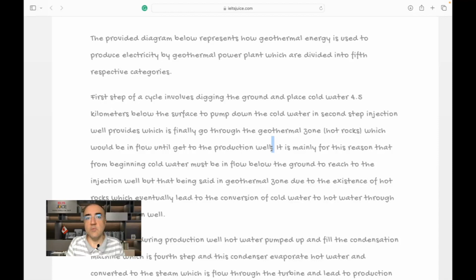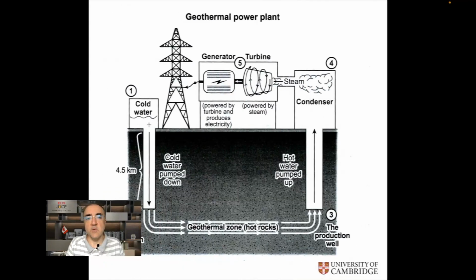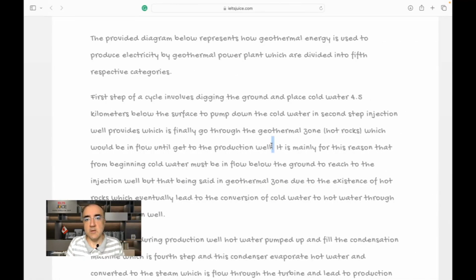I just read one sentence, and in one sentence we went from number 1 to number 2 to number 3. In one sentence, guys. Wow, that's really confusing. I didn't like this.